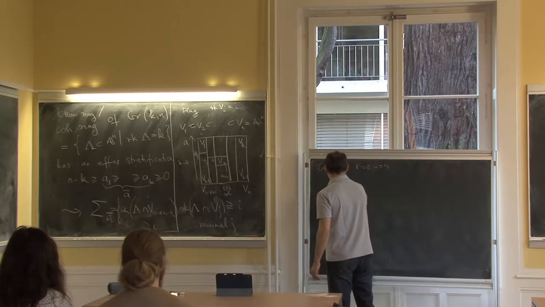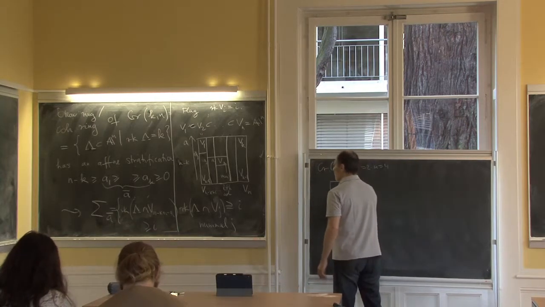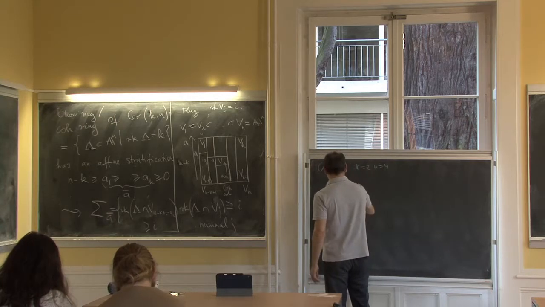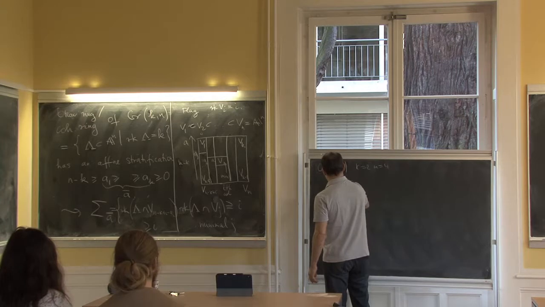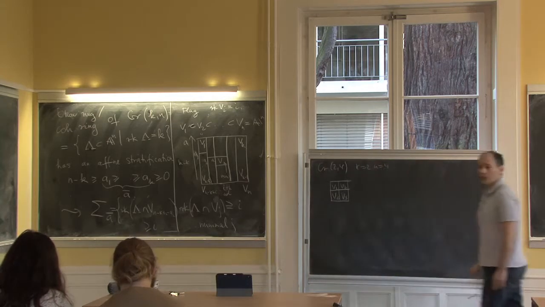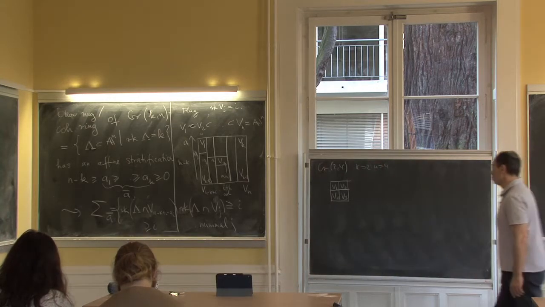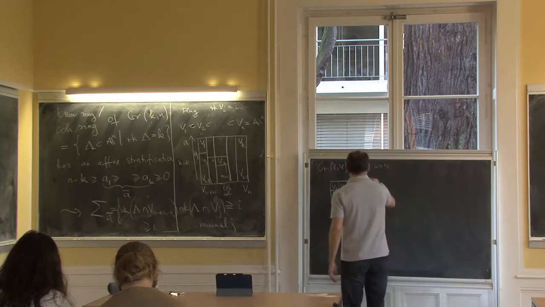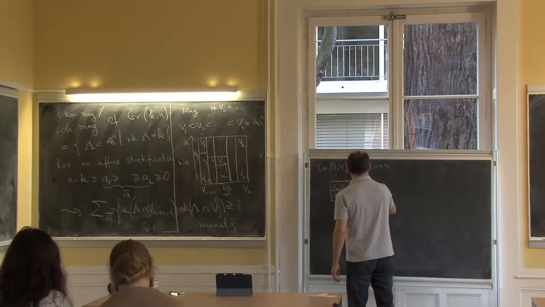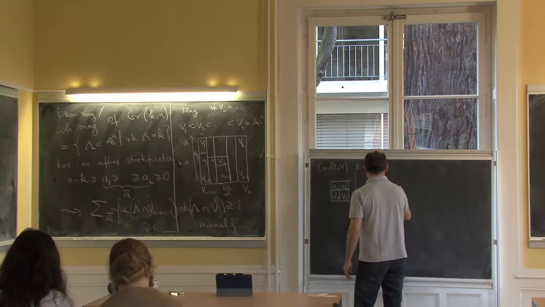Our square looks like now V3, V2, V2, and V1. This is what the square, the thing I drew, looks like. And then we have the 4 interesting cases.